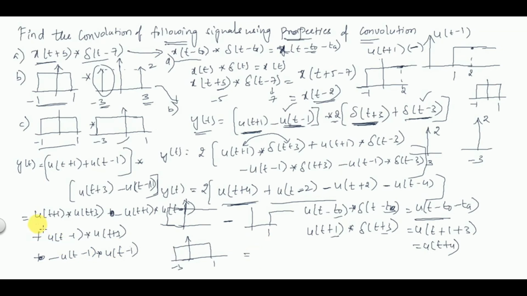So from the first one, u of t convolved with u of t is r of t, so it will be r of t plus 4. Same, t plus 1, t plus 3, so t plus 4, and it will be minus r of t plus 2, minus r of t plus r of t minus 2. So this is your output.